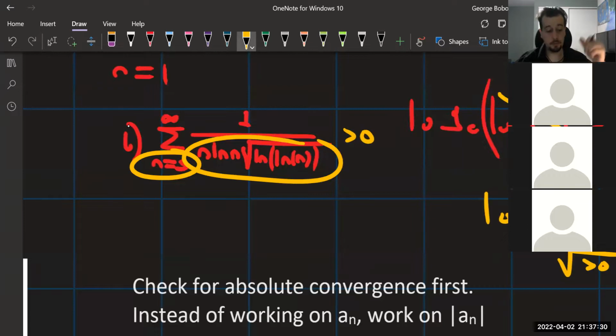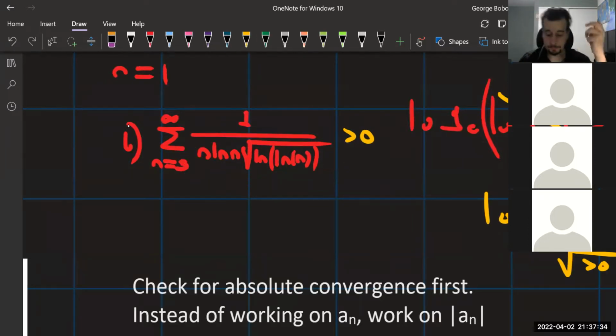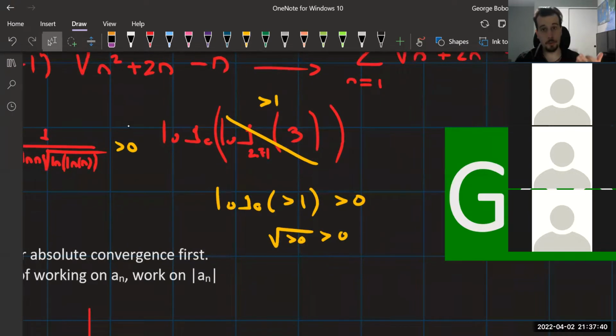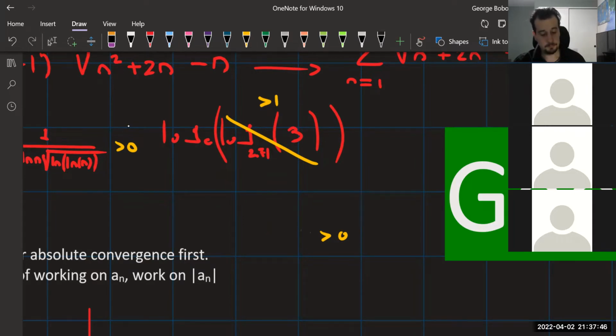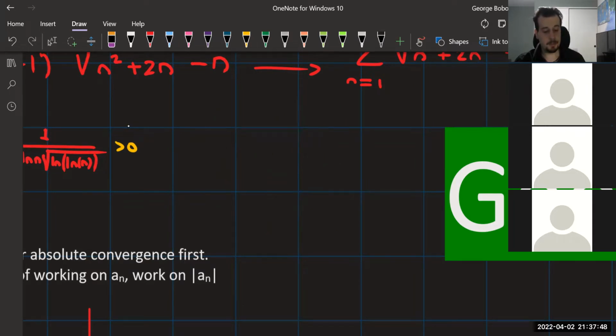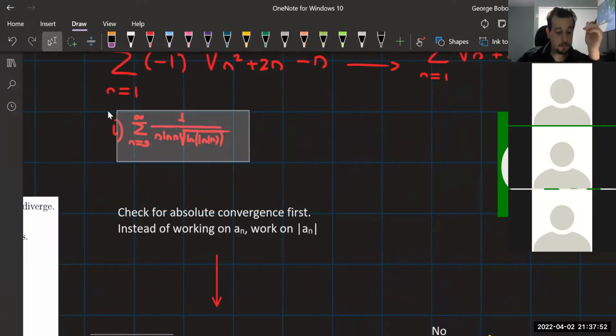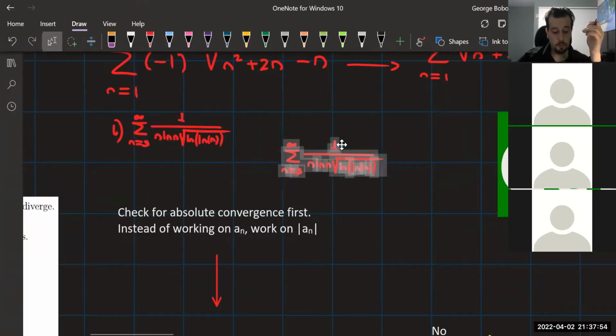We're good. No absolute value needed. Good discussion though on that. Hopefully it helps, how to judge if a logarithm is greater than 1 or greater than a certain value. Okay, so we don't need to take the absolute value of this. We can just move it through.